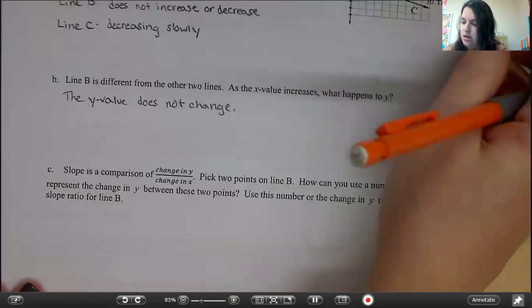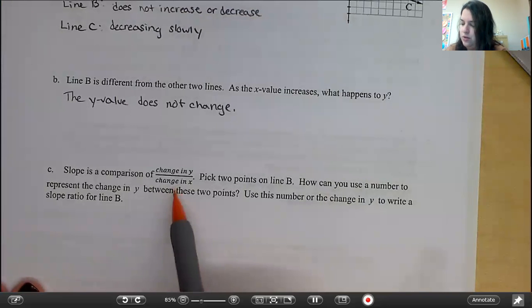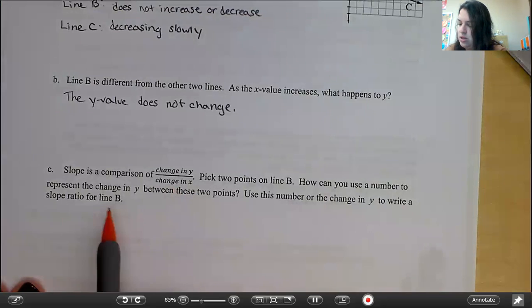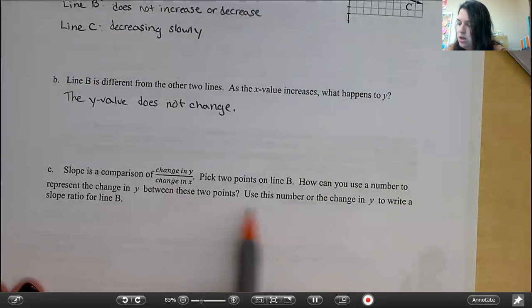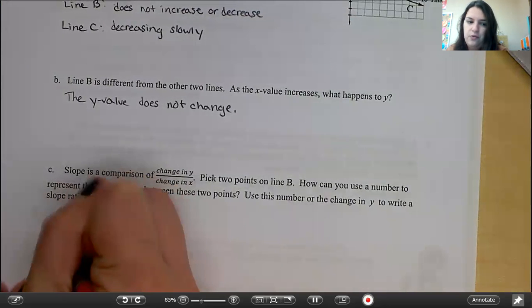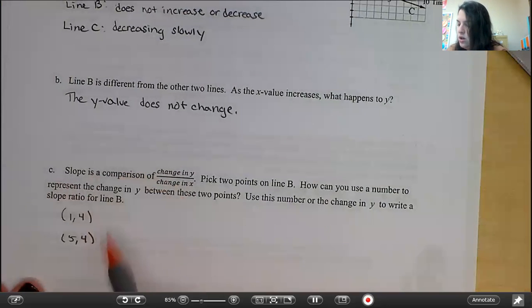So C says, slope is a comparison of the change in y over the change in x. Pick 2 points on line B. How can you use a number to represent the change in y between these 2 points? Use this number or the change in y to write the slope for line B. So let's use the points (1, 4) and (5, 4). So you need to ask yourself the change in y.